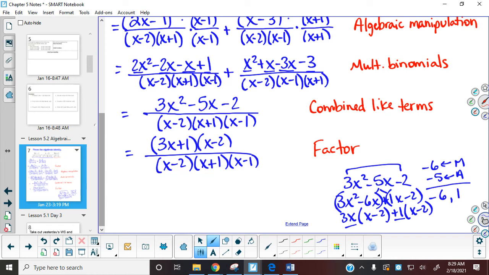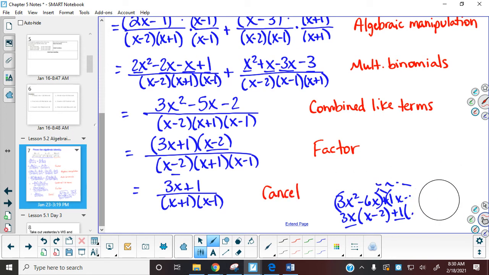Okay, and then from here, we can recognize that we have an x minus 2 and an x minus 2. So we have 3x plus 1 over x plus 1, x minus 1. So we just canceled common factors. We're going to erase this so we have a little more room.